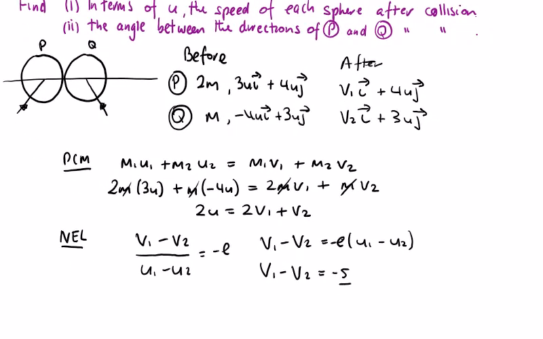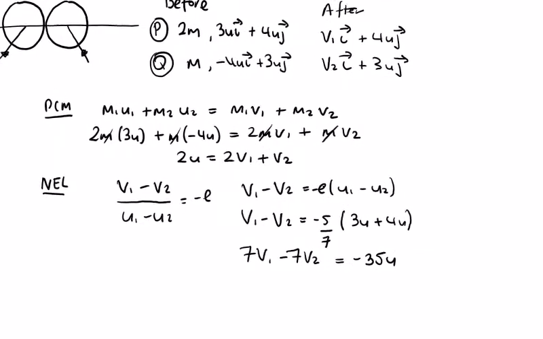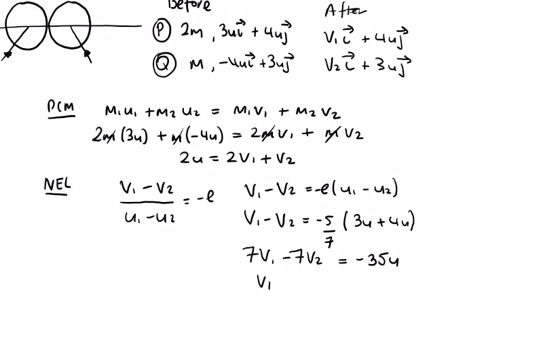So minus 5/7 times the initials, 3u minus minus 4u this time, so plus 4u. So we're going to get 7v1 minus 7v2 is equal to minus 5/7 times 7u, so minus 35u. And you can see that we can divide by 7. v1 minus v2 is equal to minus 5u.